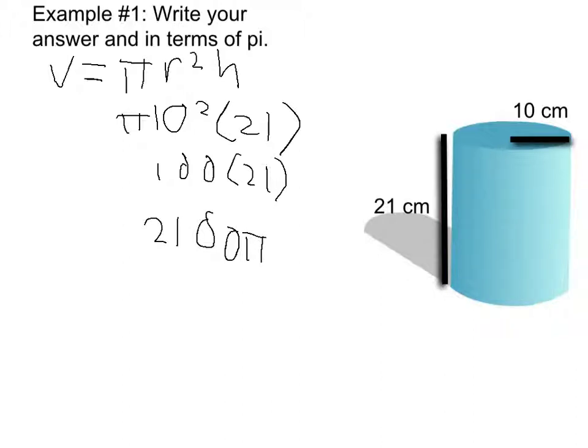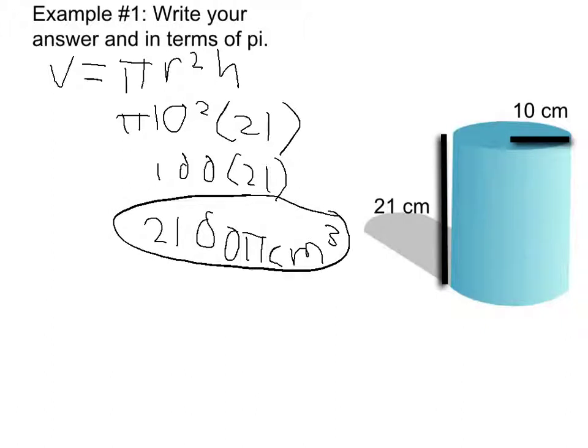Your answer in terms of pi will be 2,100 pi centimeters cubed. Then your regular answer will be 6,594 centimeters cubed.